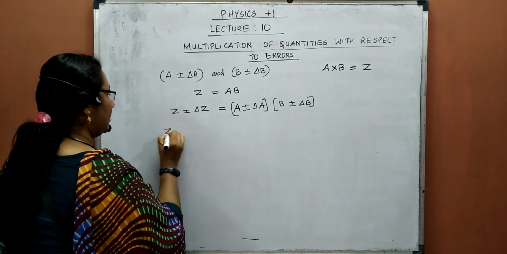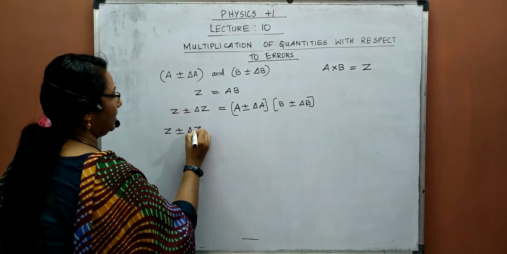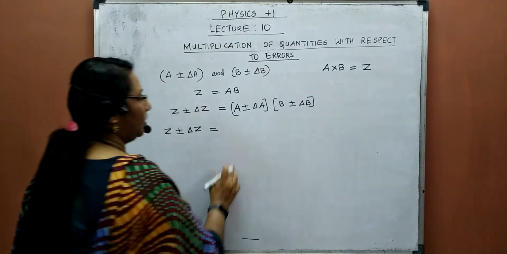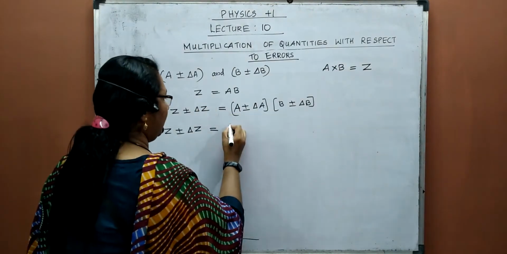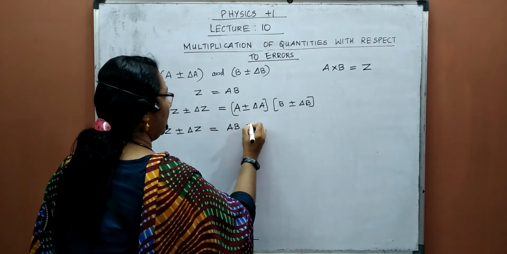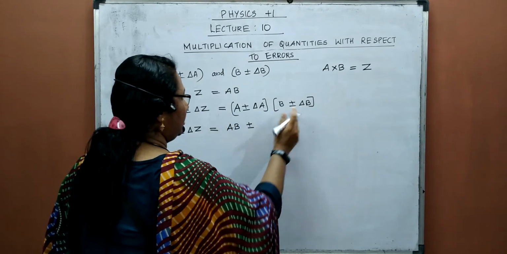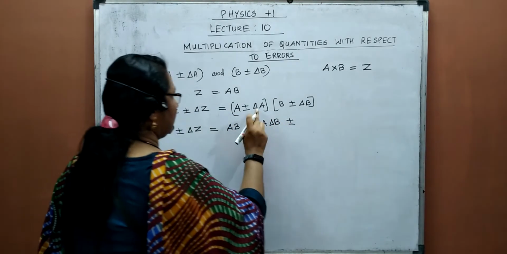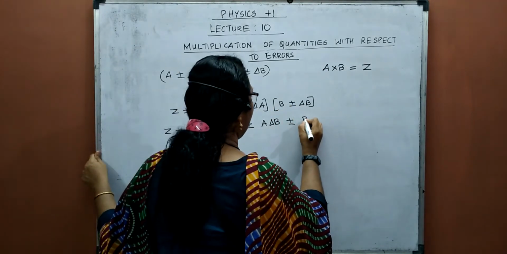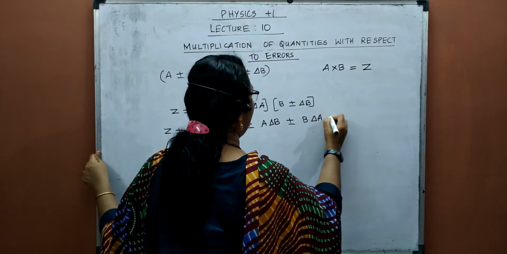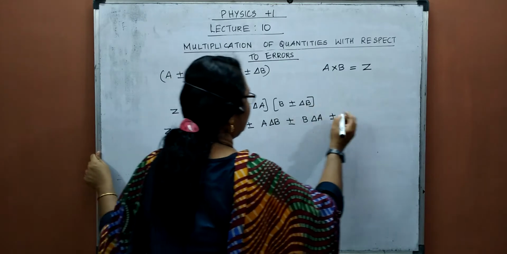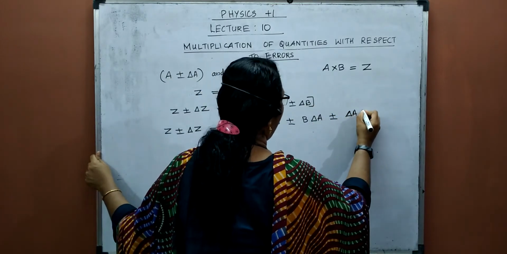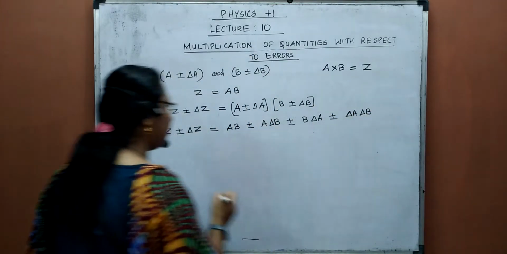Now, Z plus or minus delta Z equals, open the bracket, AB plus or minus A delta B plus or minus B delta A plus or minus delta A into delta B. Is it clear?